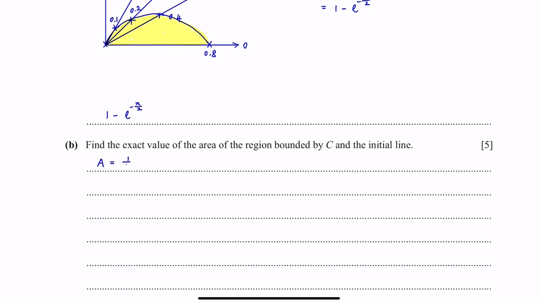The area is 1 over 2, the integration from 0 to pi over 2, squared d theta. The formula is basically 1 over 2 integration from the first angle to the second angle, depending on the region that we want to find, of r squared d theta. So we just sub it back in.